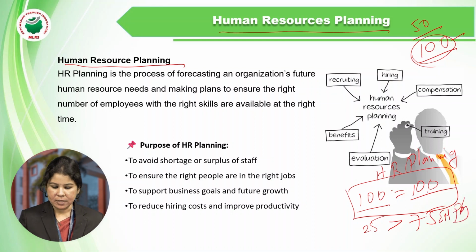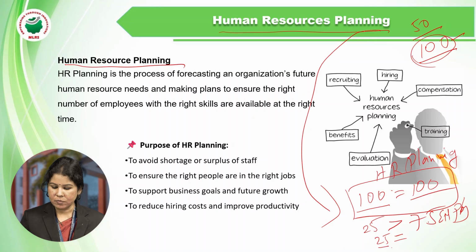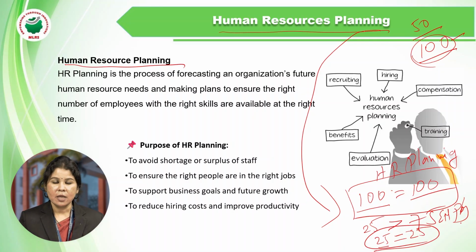Now again this HR planning will come. It will try to match this demand. Now the demand is only 25 and the supply is more. So it will try to match up by inducing functions called retrenching and downsizing. What do we mean by retrenching? Removing employees from the organization is called retrenching.